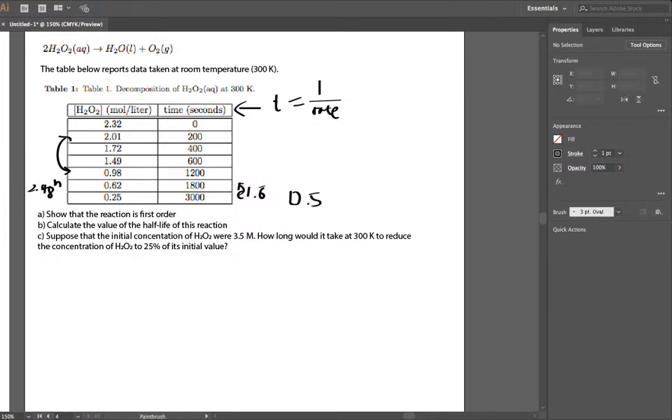What I got is a little bit of a curve, which might indicate that it's a first order. Wait, I think I know the way.